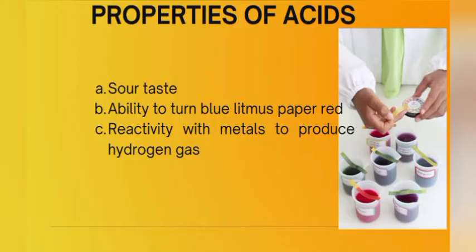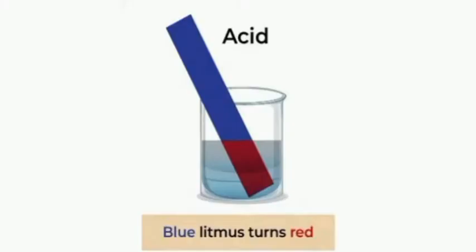Number one, they have a sour taste. Number two, they have the ability to turn blue litmus paper red. Actually, a litmus paper is a paper that you use in determining if a substance is acidic or if it is basic.